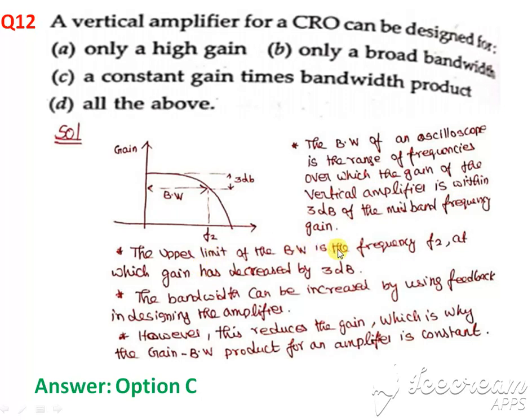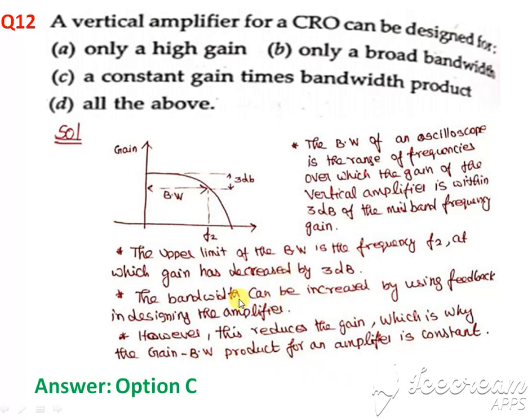The upper limit of bandwidth is the frequency f2 at which the gain has decreased by 3 decibel. The bandwidth can be increased by using feedback in designing the amplifier. However, this reduces the gain, which is why the gain bandwidth product of an amplifier is constant.